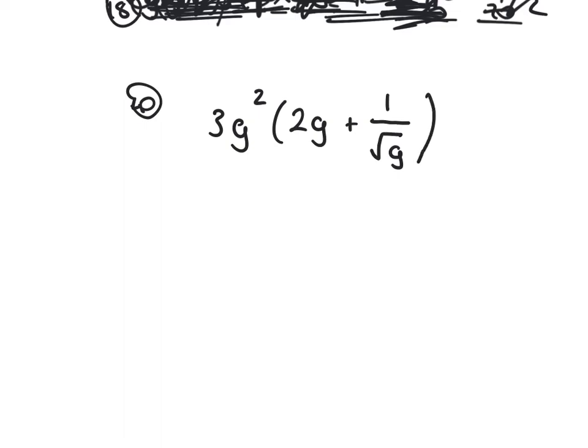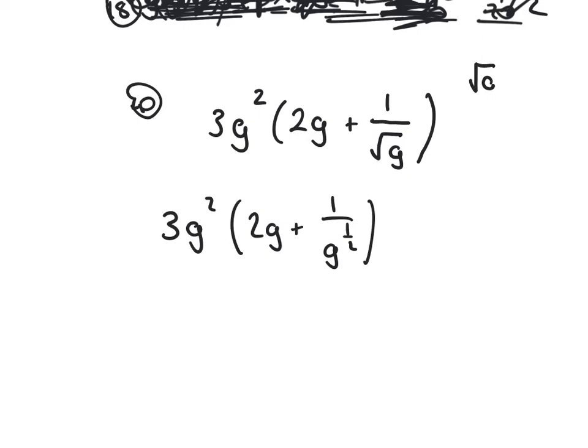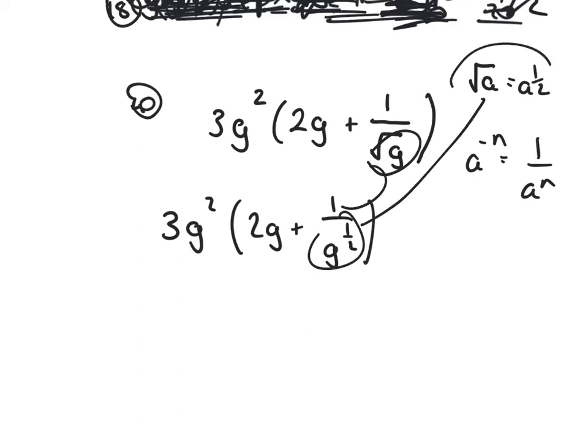Okay, example 40. 3g squared bracket 2g plus 1 over the square root of g. So let's just take our time. That will be 3g squared bracket 2g plus 1 over g to the 1/2. I can now use this rule. So I've used that rule to get to the second line.